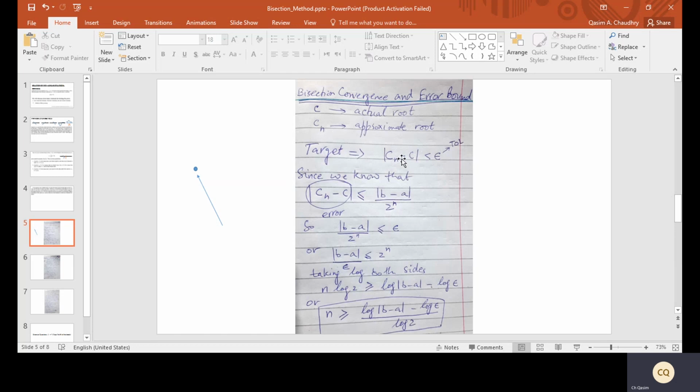The ultimate goal is that the absolute value of Cn minus c, because this is a difference, so whether it is positive or negative has no meaning, so you take the positive value. This is what you call the error. The error must be less than epsilon, and that is the tolerance.